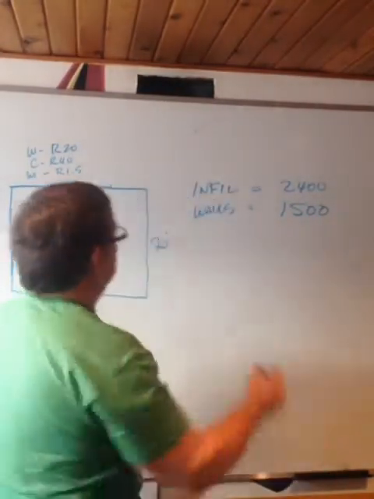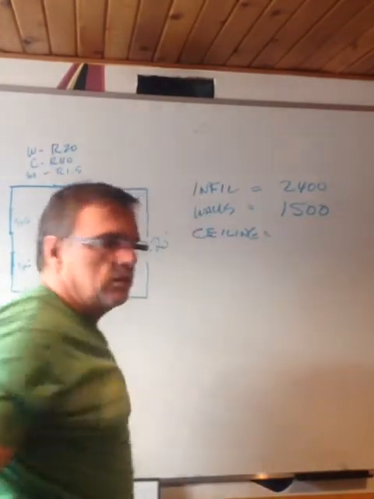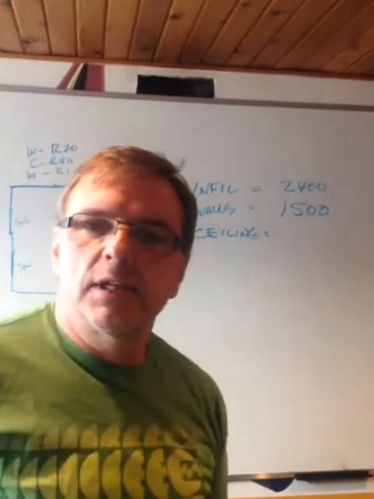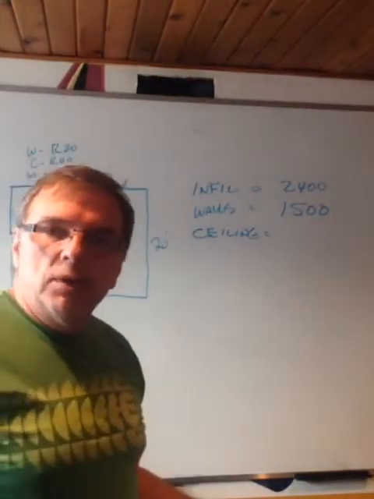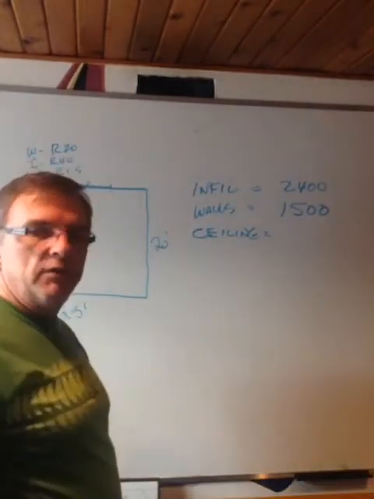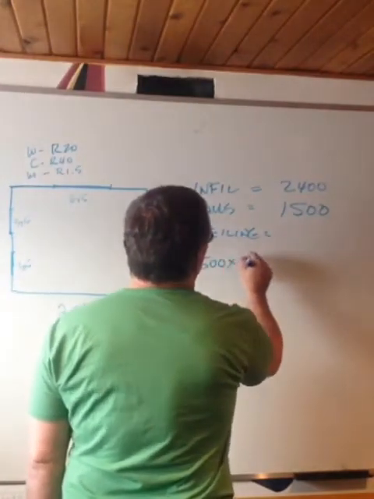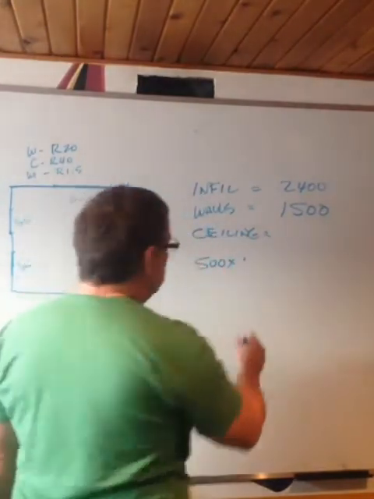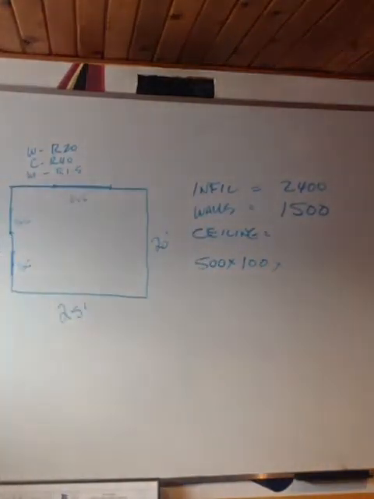Okay, ceiling. If there's a cold space above the ceiling. If there's a second floor, obviously not. But again, ceilings, no windows to worry about this time. Same math. So 20 by 25, we got 500 square feet of ceiling times the DTD of 100 times the U value of the ceiling.